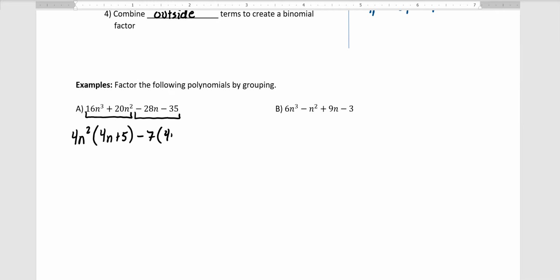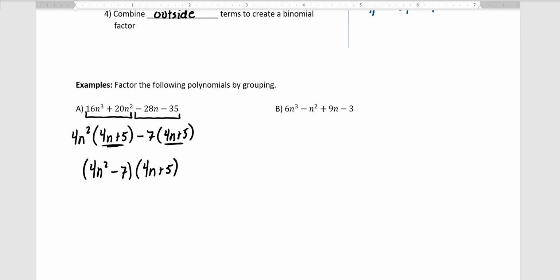When I do that, I'm left with 4n plus 5. Now, the key to factoring by grouping is that these 2 terms in the parentheses are the same. Because if they are, that's what allows us to combine the outside terms, 4n squared minus 7, which gives us our factored form of 4n squared minus 7 times 4n plus 5.